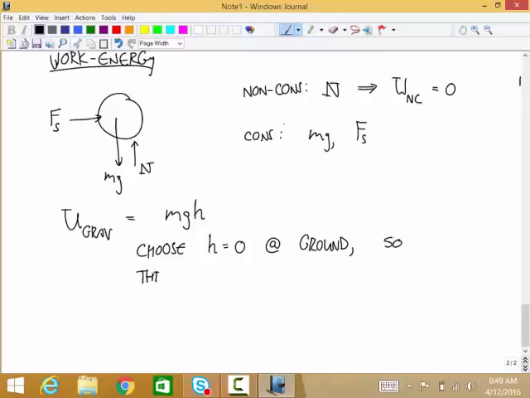So through the whole motion, the gravitational potential energy is equal to 0, because h is equal to 0.